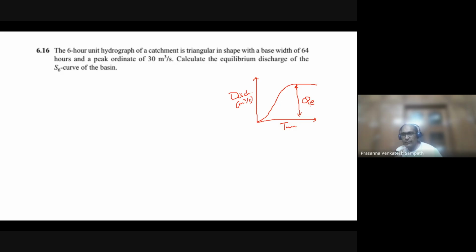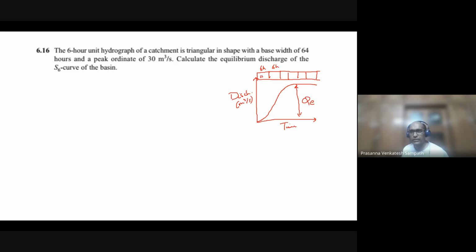Okay, take a couple of minutes and somebody tell me what we should do to figure it out. So this S curve is produced by 1 centimeter of excess rainfall happening in 6 hours, right?